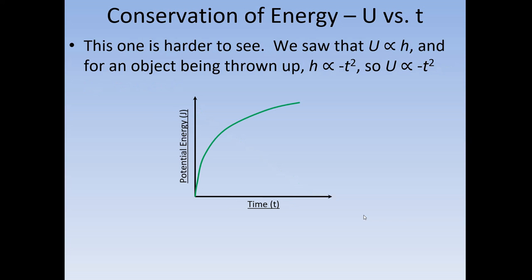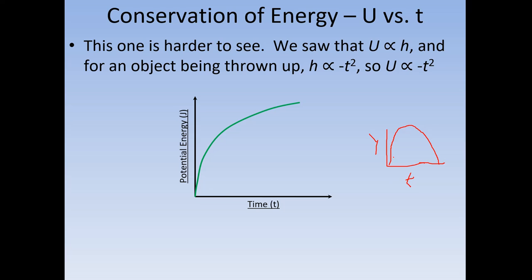Now, this one is going to be a little bit hard to see as I showed here, but for the potential energy versus time, we're going to have to actually think about how height is related to time. And that's actually going to be the easier case to do. So if we throw an object up into the air, we know that the vertical position as a function of time is going to follow a parabolic curve, because that's what's going on in the vertical direction.